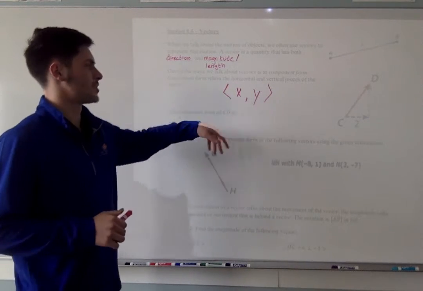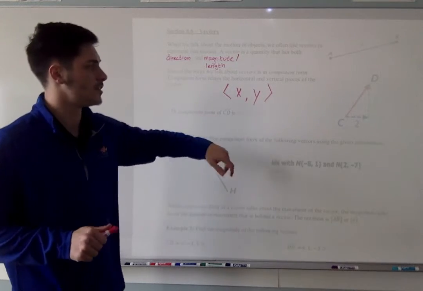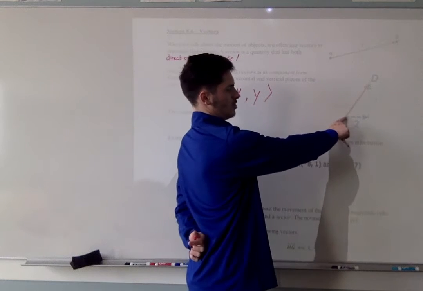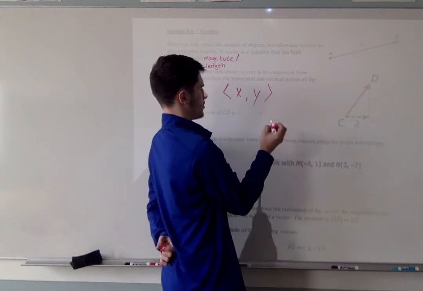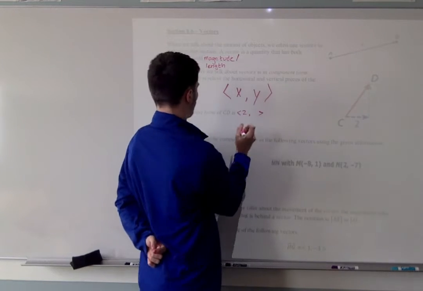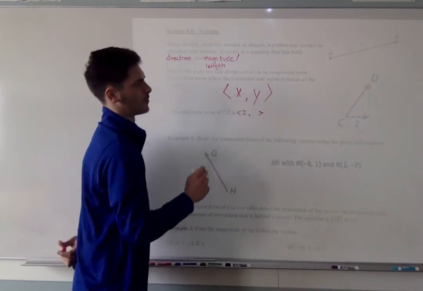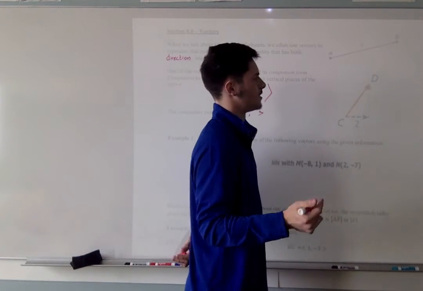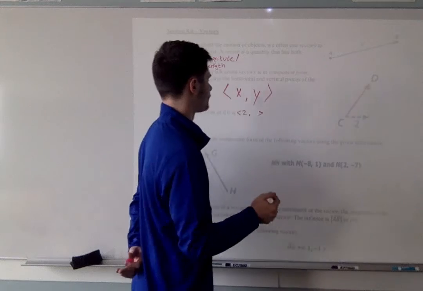So, to put this into context, the component form of CD over here, we see that CD travels 2 units to the right, so that would be a positive 2. We're writing component form for vector CD, whatever you want to call it.